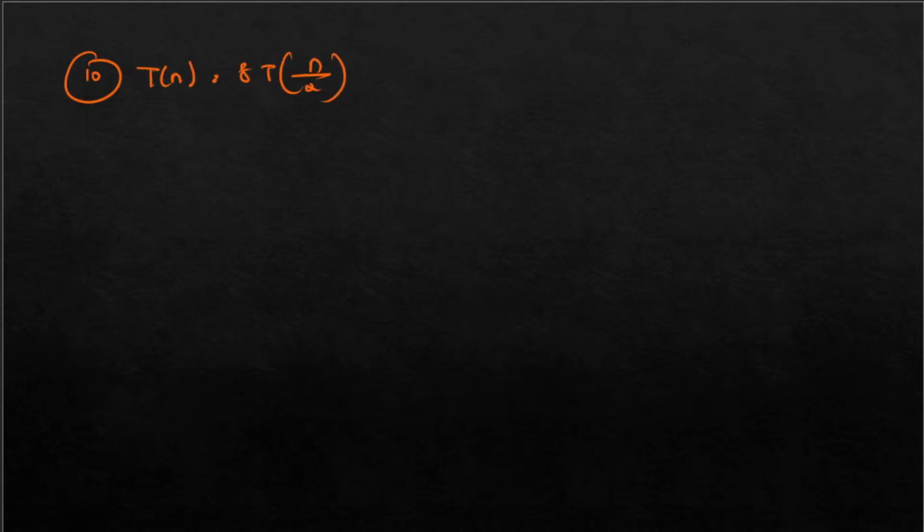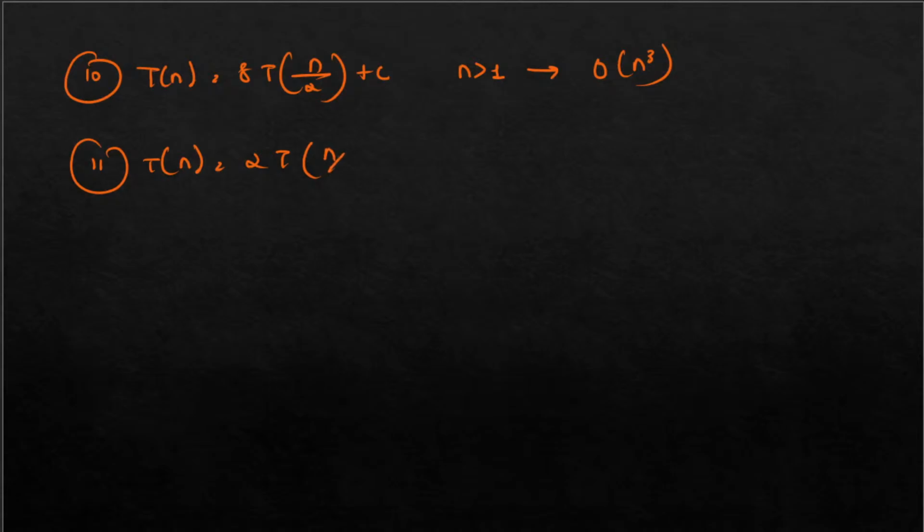But Master's theorem works on some specific format. So big O of n cube, and 11th will be T of n equals 2T of n by 2 plus n log n, and this will be big O of n log square n, like this.